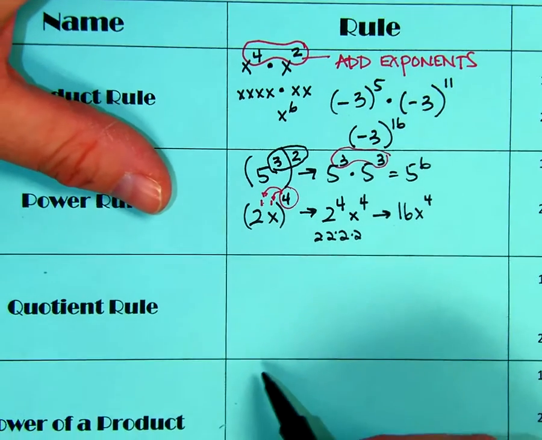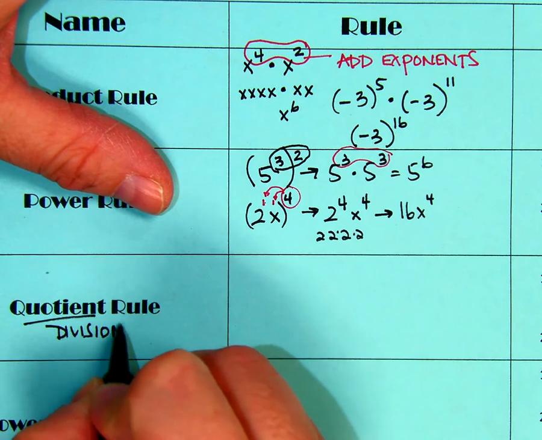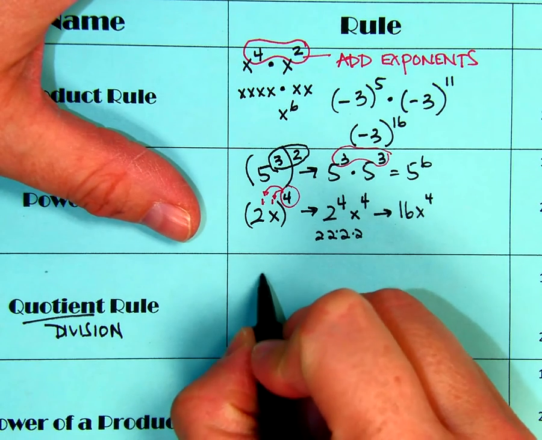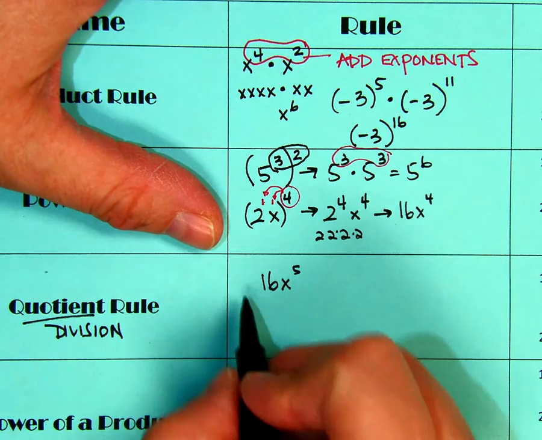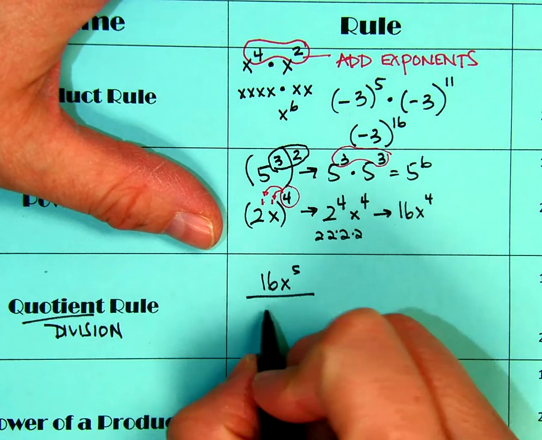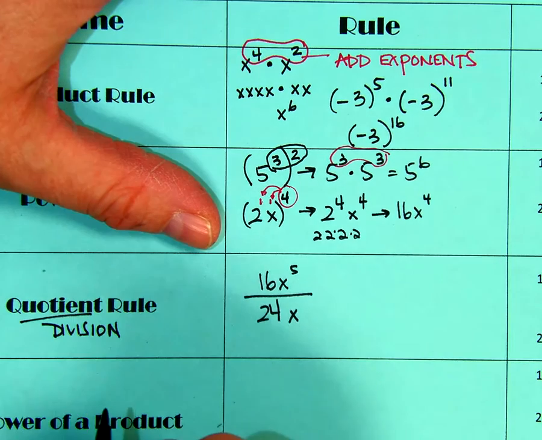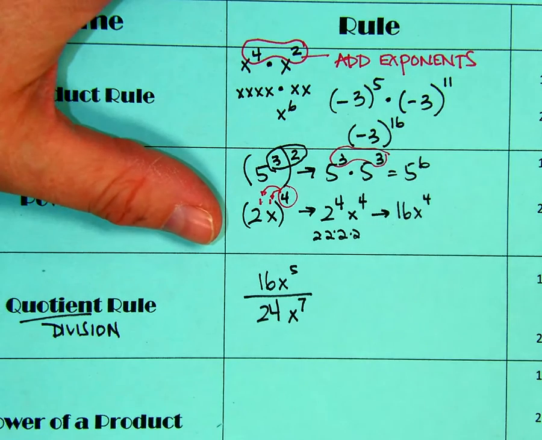Quotient rule. Quotient means division. So we are going to be dividing. So if we have 16 x to the 5th over 24 x to the, we'll make it a 7 for right now.